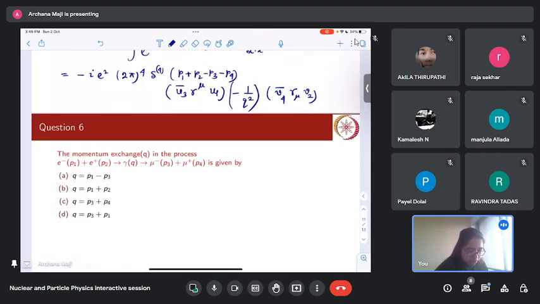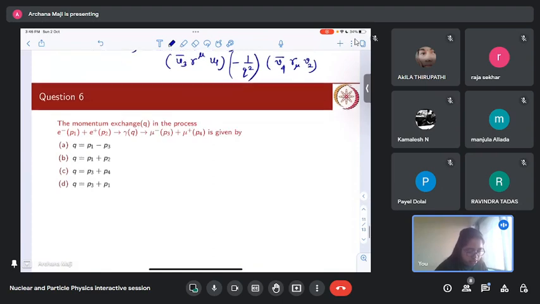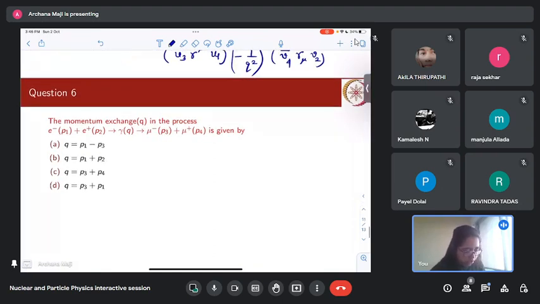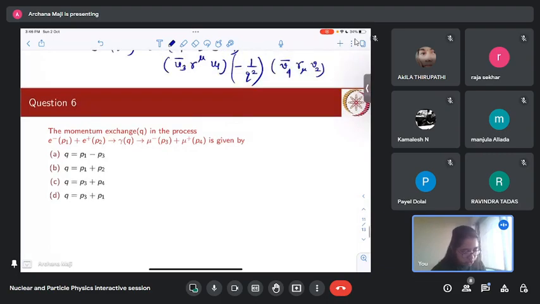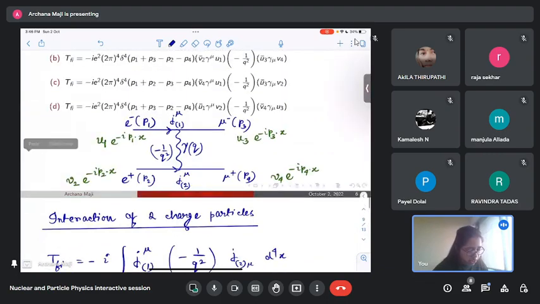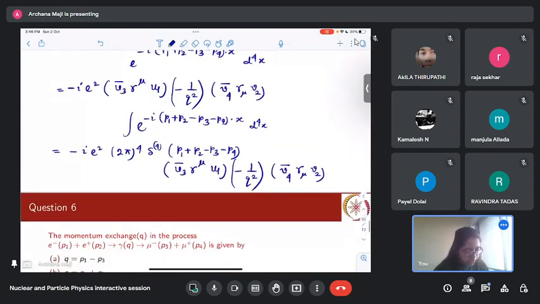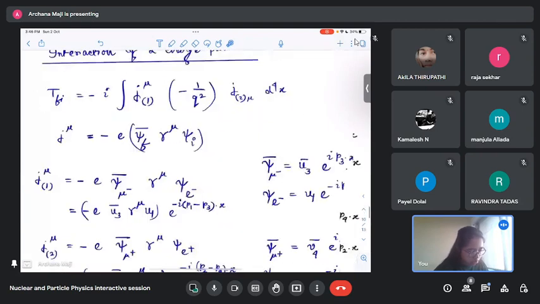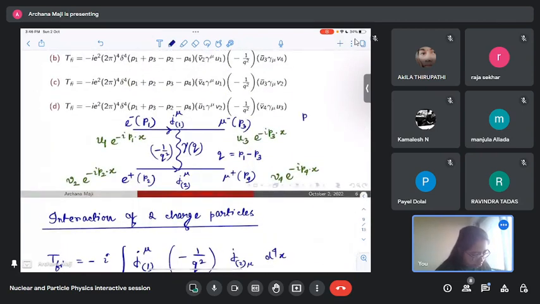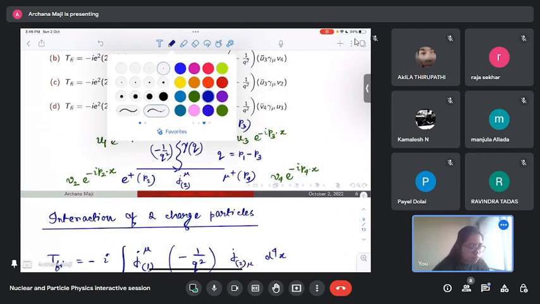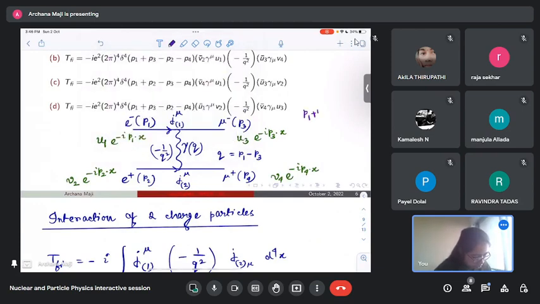The momentum exchange in the process of the earlier question would be, so Q, momentum exchange meaning the momentum of this photon, so Q is basically equal to P1 minus P3, but there is momentum conservation as you can see from this delta function. So P1 plus P2 is equal to P3 plus P4.